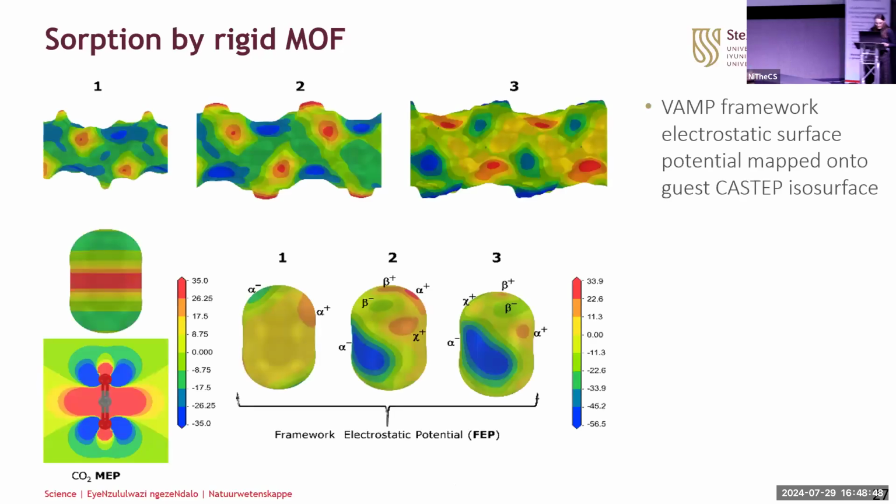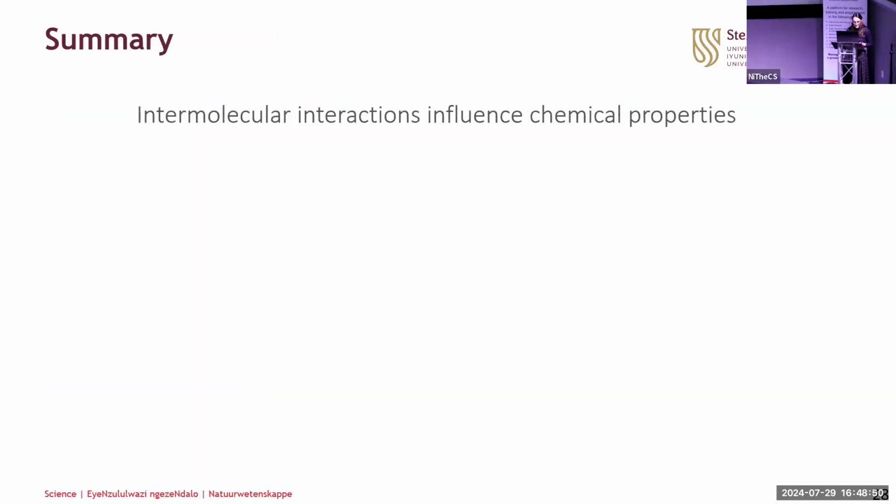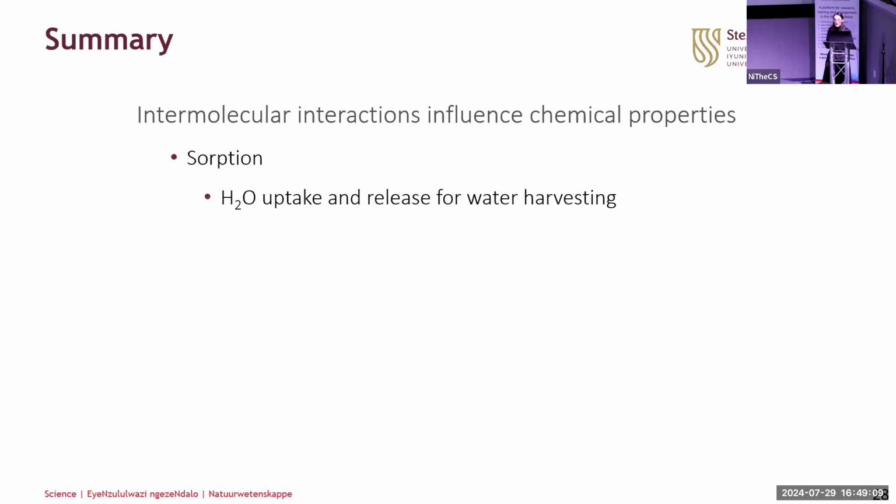One more. Okay, so in summary, what I hope I have been able to show you is that we can use intermolecular interactions to study chemical properties. I looked at sorption, and I spoke to you about the water interacting with a porous compound.